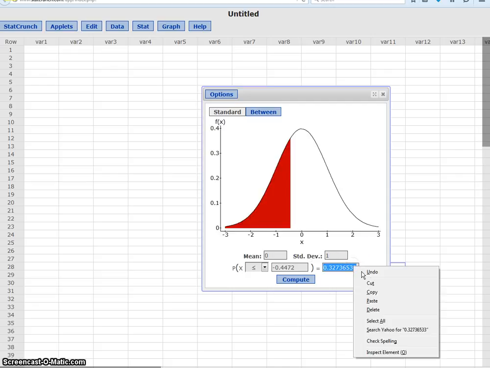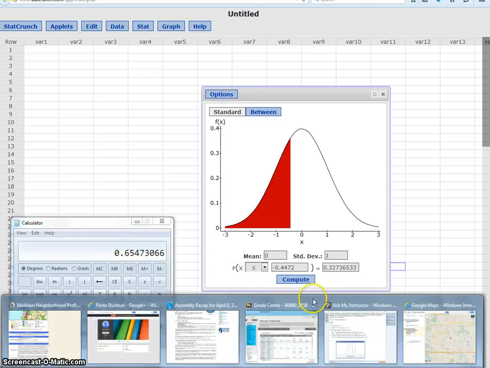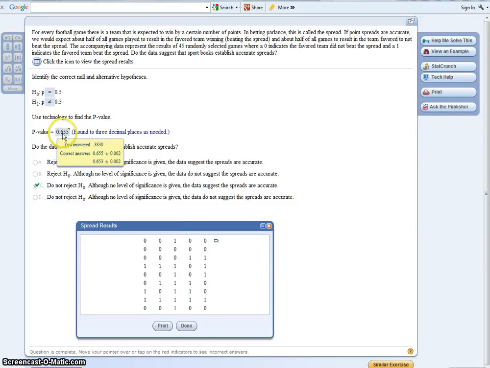So I'm just going to paste this into my calculator and then go ahead and double that, so either add it to itself or multiply by 2, you get 0.6547, which if you do round that, does give you the answer of about 0.655.